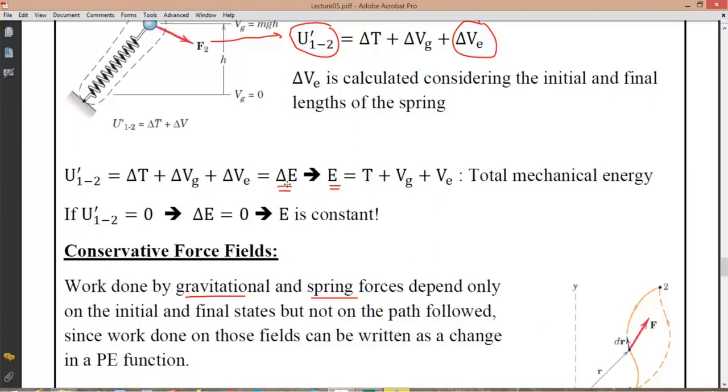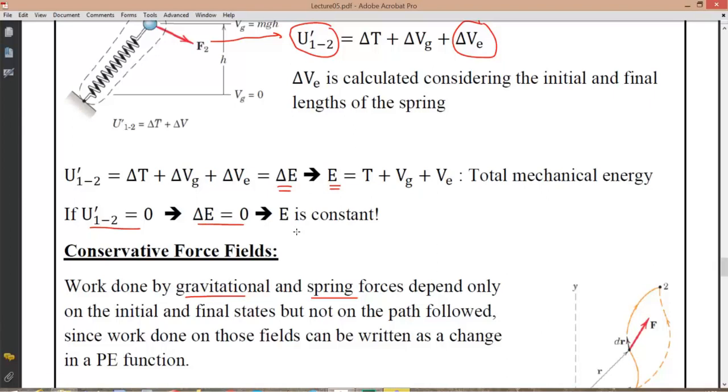And the change in that is only possible by the non-conservative forces doing some work. If non-conservative forces don't do any work on the particle, then the change in the energy level is equal to 0, and then the energy is conserved.